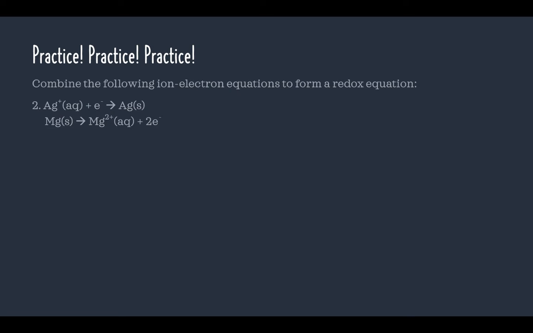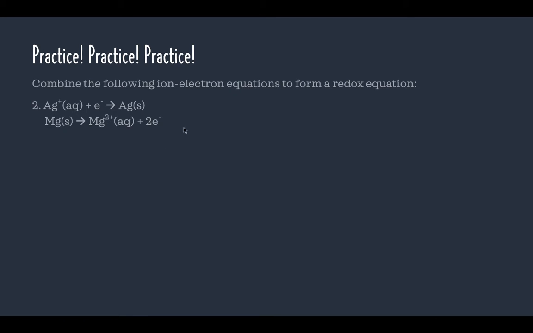Here we have another example. This time we have silver ions being reduced to form silver atoms, and again magnesium atoms being oxidized to magnesium ions. Now on this occasion we have 1 electron on the left hand side and 2 on the right, so they won't fully cancel out.